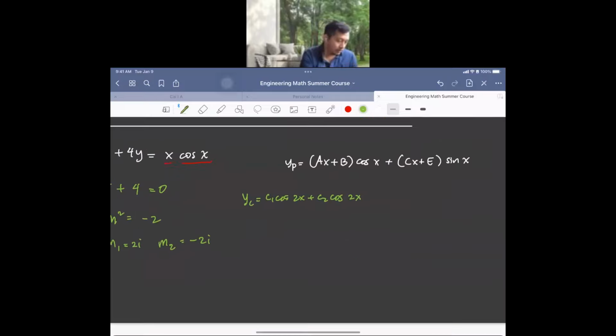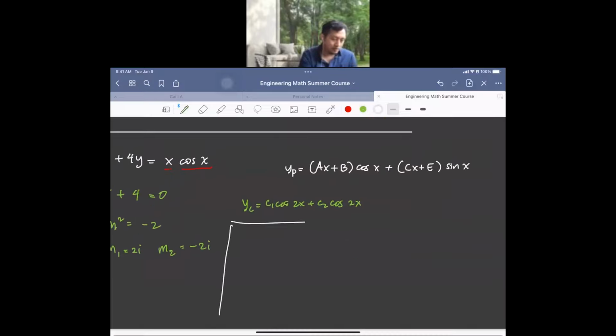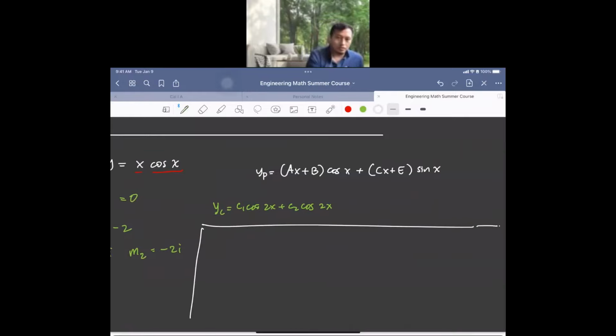So the rule, okay, basically what I want to say here is the rule. The assumption for yp consists of yp1, yp2, until some n.